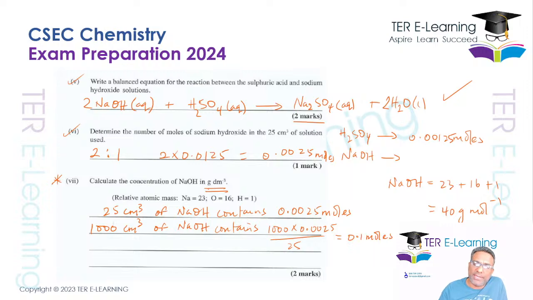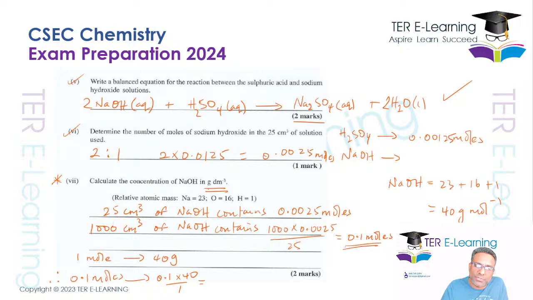So all I need to do, you see this 0.1 here? I just need to convert that to grams. 1 mole is 40 grams. Therefore, 0.1 moles is simply going to be 0.1 multiplied by 40 over 1.